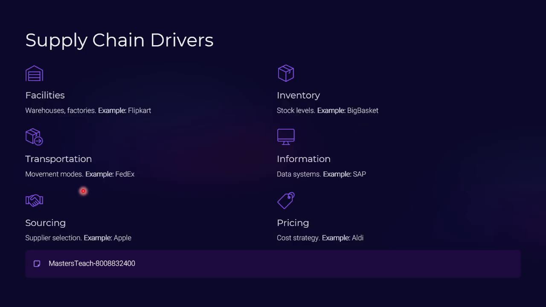Then transport modes, example FedEx, they transport the goods from one place to another. Information is the data system, example the data handled by SAP. Sourcing is supplier selection, where to sell, whom to sell, this is Apple. Then pricing, cost strategy, example Aldi. Okay, these are the supply chain drivers: facilities, inventory, transportation, information, sourcing, and pricing.